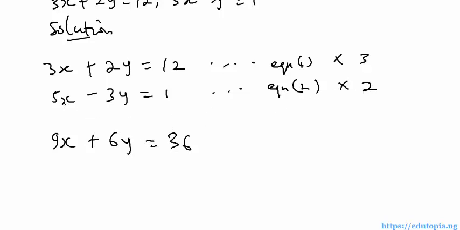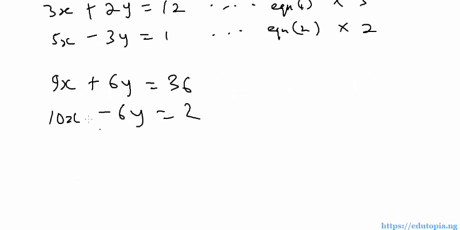And then 2 multiplied by 5x will give you 10x. 2 multiplied by minus 3y will give you minus 6y, and 2 multiplied by 1 will give you 2. So now, since we arrive at this, let's proceed.